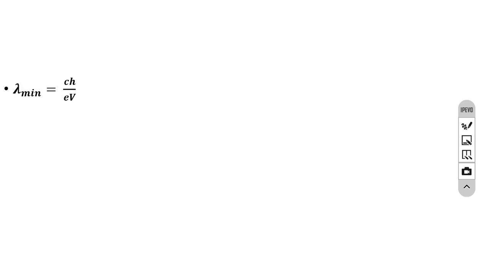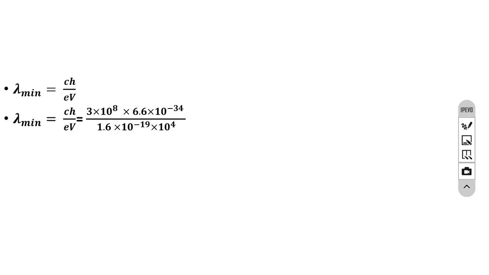Okay, so if we write this expression, we substitute the value c for the speed of light, h for Planck's constant, which is 6.6 times 10 to the power minus 34. The speed of light, c, is 3 times 10 to the power 8. And the value for the charge, e, is 1.6 times 10 to the power minus 19. And the value for the potential difference is given in the question as 10 to the power 4, that's 10,000. When we substitute and simplify, we arrive at 1 times 10 to the power minus 10 meter.